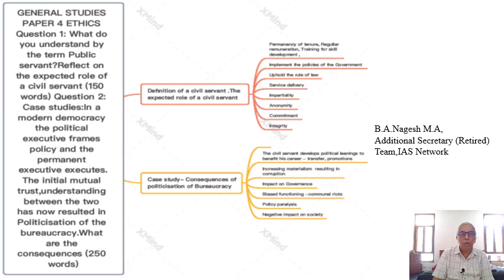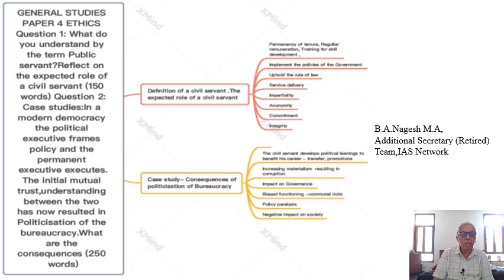So what I'm trying to get from the answer is, in the initial stages, the political executive, that is the Prime Minister and the Council of Ministers at the center, Chief Minister and Council of Ministers in the state, frame policy. Implementation of policy is by the civil service.